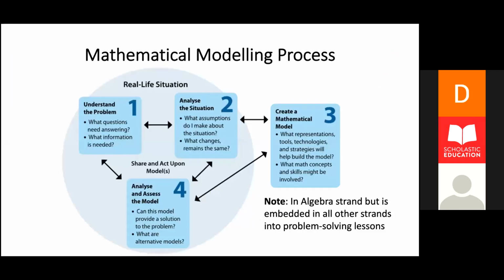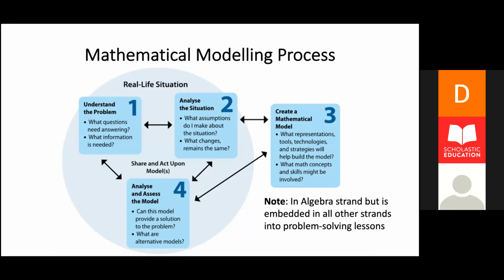Now, this is something that is new. This is the mathematical modeling process. And this provides authentic connections to real life situations. So this is something you want to give your kids when they are solving problems within the context of a real life situation.